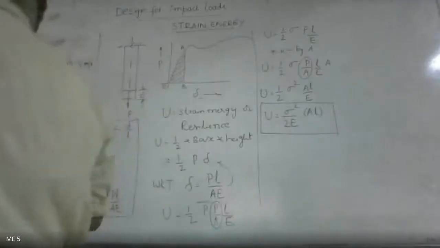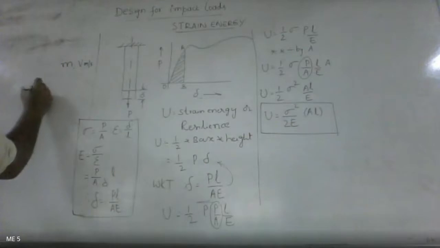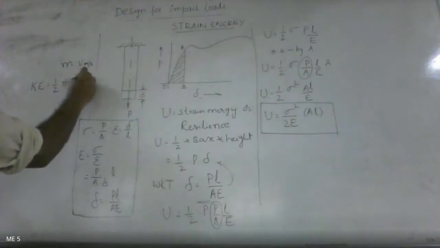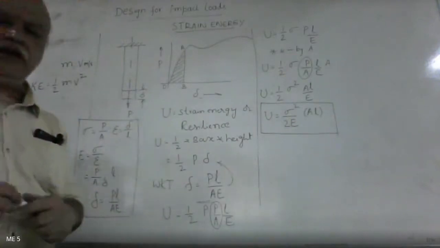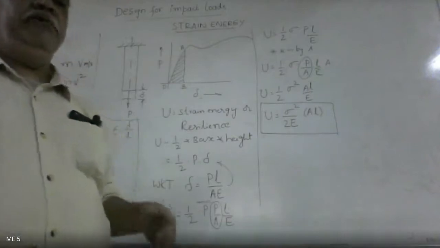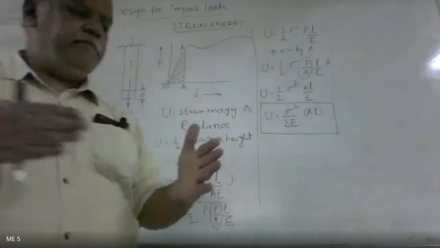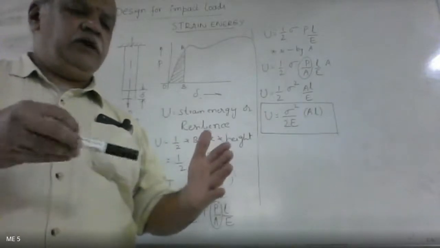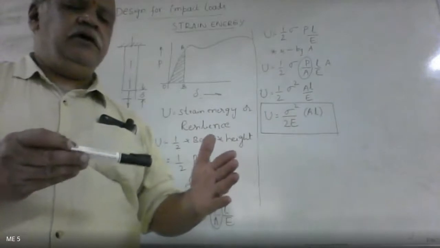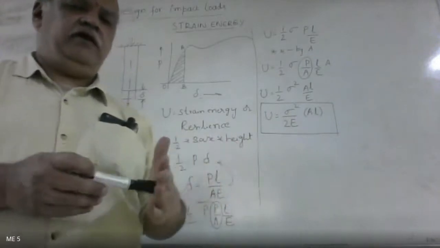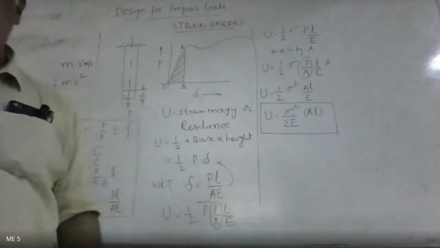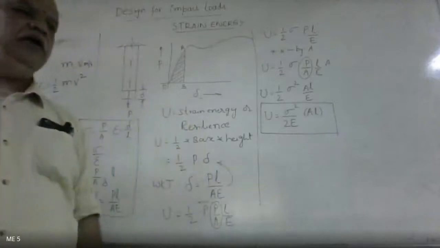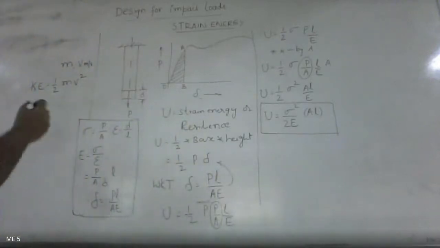That is kinetic energy given by half m into v square. Correct? Because a moving body possesses kinetic energy. When it suddenly impacts another body, the second body will receive an energy equal to whatever the first body possesses. That is nothing but half m into v square. Please write that. Impact energy which is equal to kinetic energy of the moving body given by half m into v square.